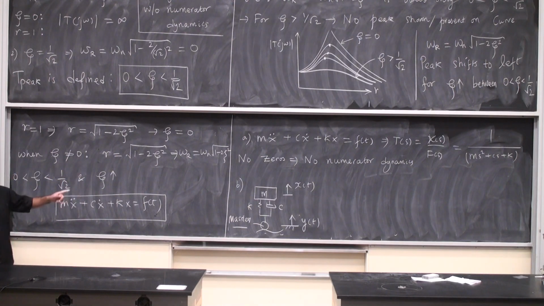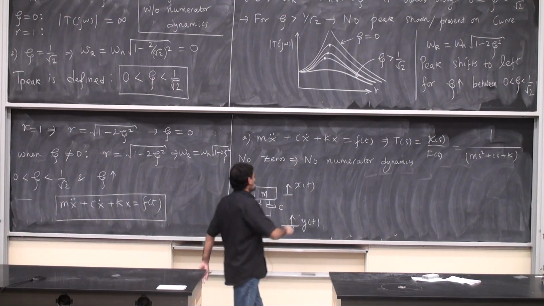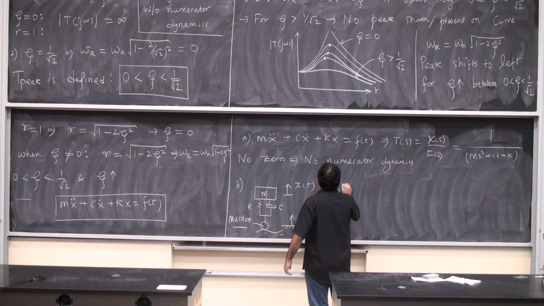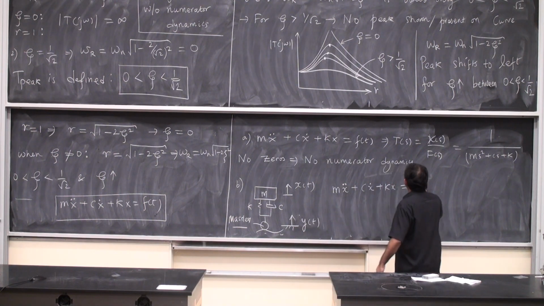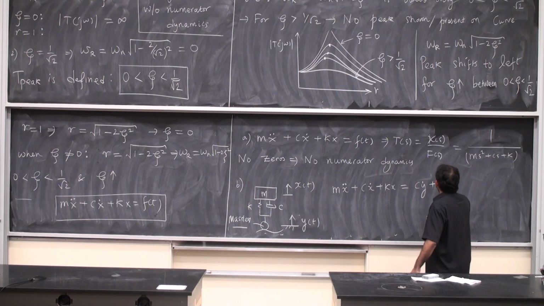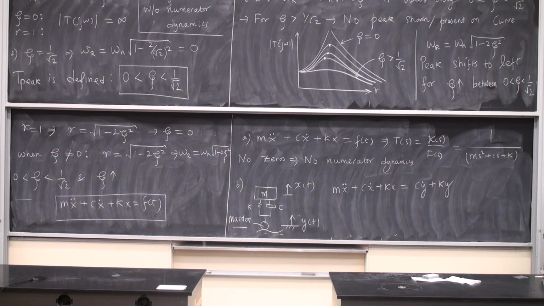If I write the system model for this case, I end up getting the following: m x double dot, c x dot, c y dot plus k.